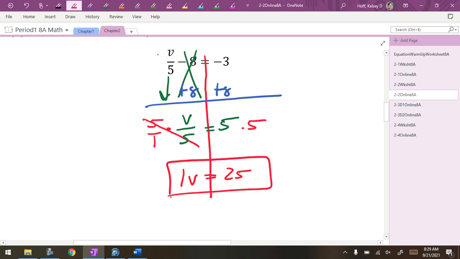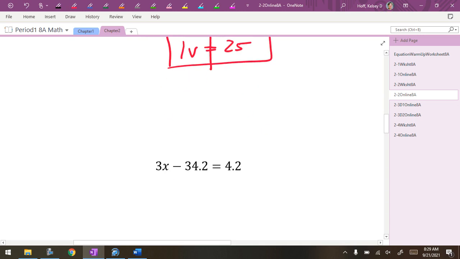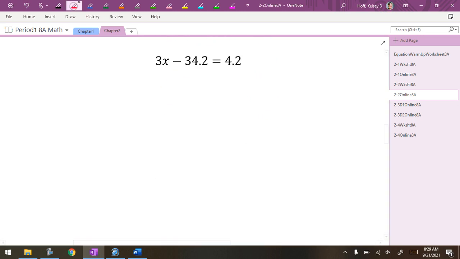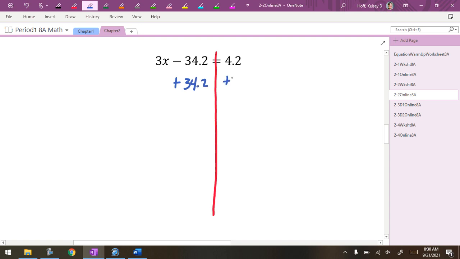Okay. Let's go to the next one. It's decimals. Does that change what we do? No. Zayden, if I cover up 3x, what do you want me to do? Very good. We're going to show that we're adding 34.2 to both sides.